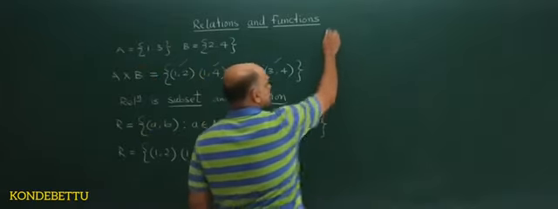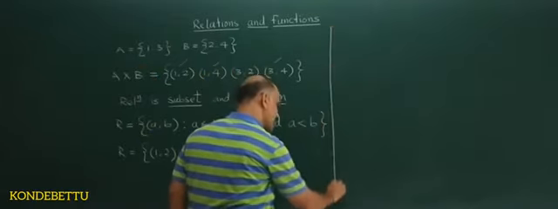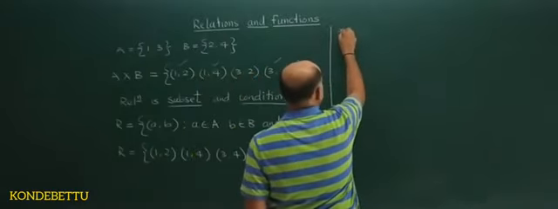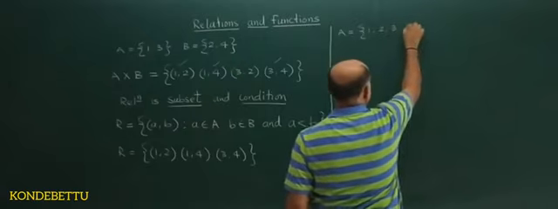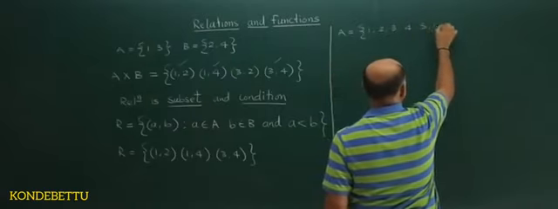Now I will take another example. You can write the values of the relation. I will take set A is equal to {1, 2, 3, 4, 5, 6}.